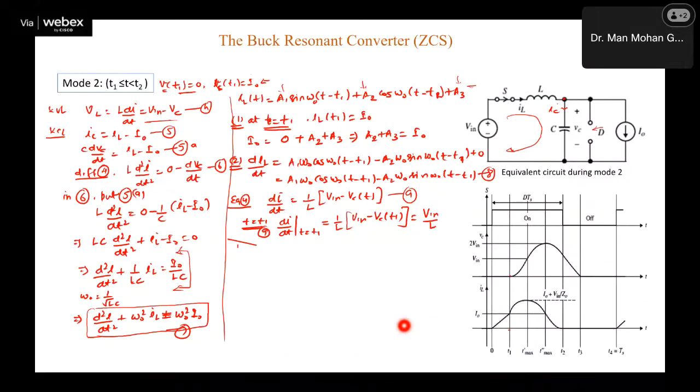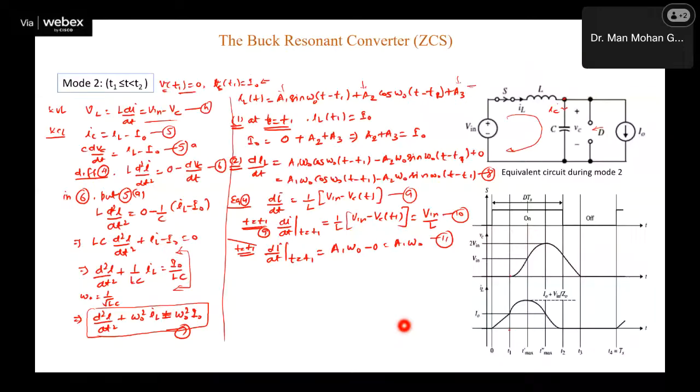And if you put same t equal to t1, if you see at equation number 8, then what is that? t equal to t1. If you are putting t equal to t1 over here, then this gives me A1 cos omega naught. Cos of 0 is 1, minus A2 omega naught sine omega naught (t minus t1). So this term becomes 0. t equal to t1, sine 0 is 0. So it is 0. It means A1 omega naught. So now this, let's say equation 10, this is equation 11.